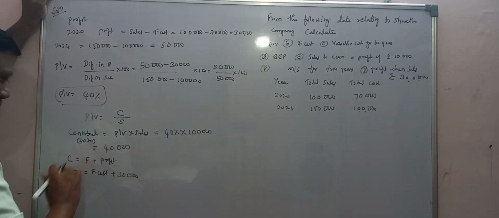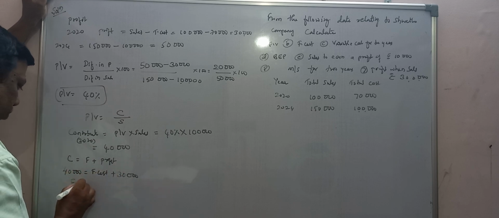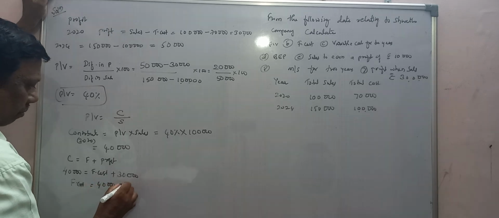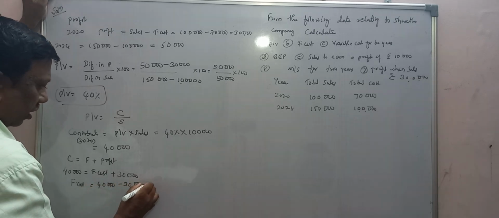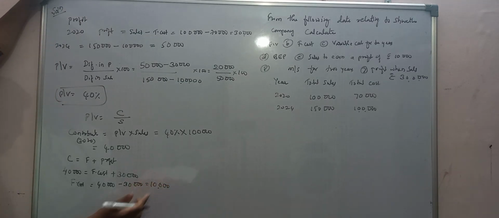So 40,000 minus 30,000. Again I am getting fixed cost of rupees 10,000. This is fixed for all levels of activity.